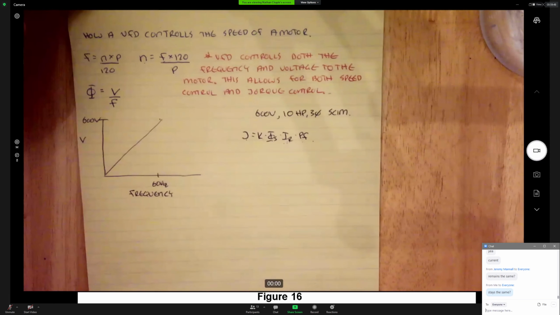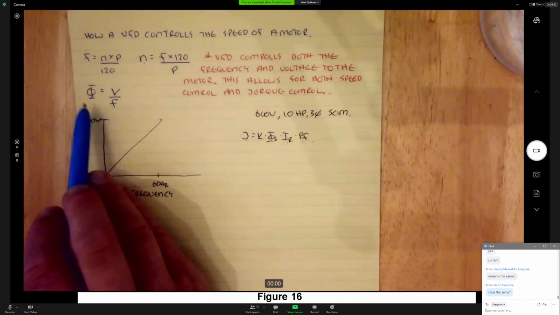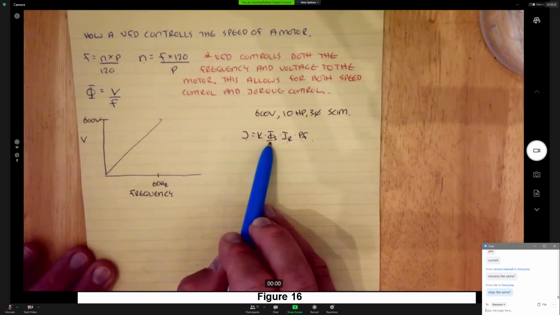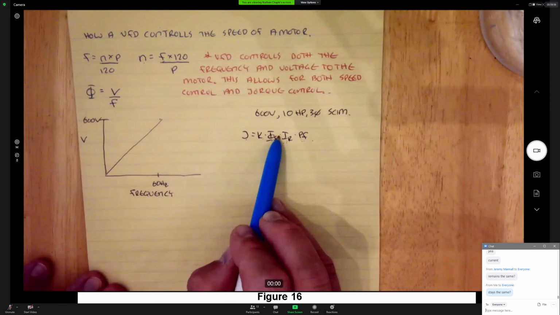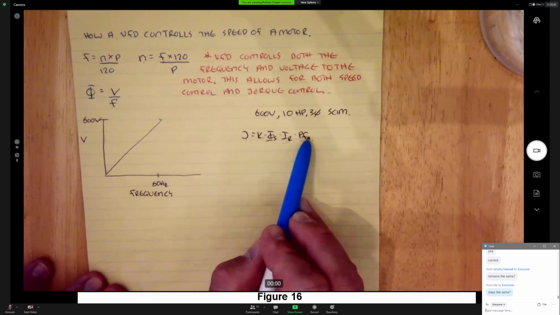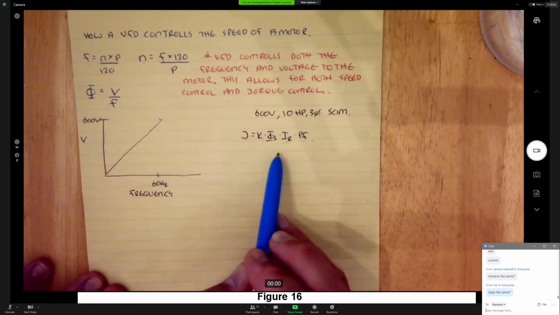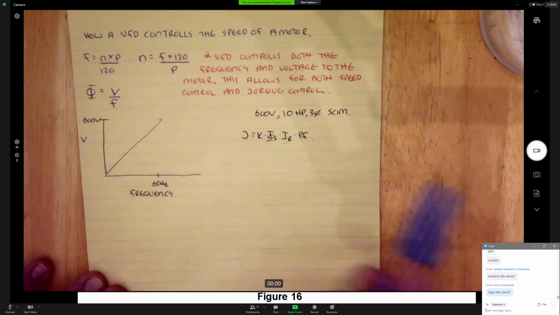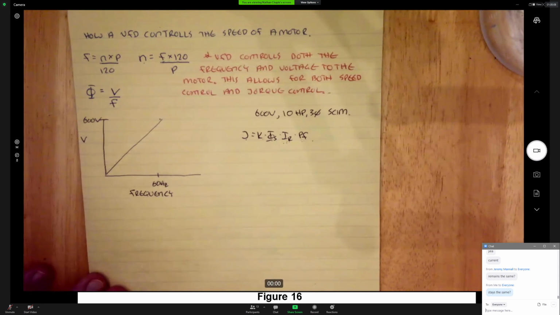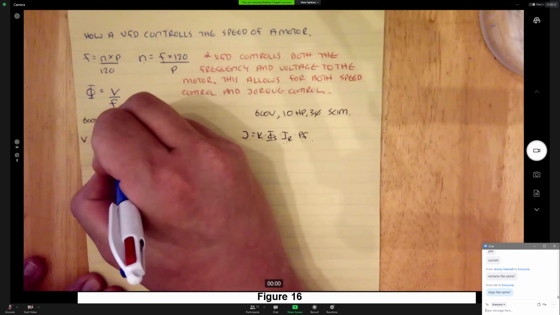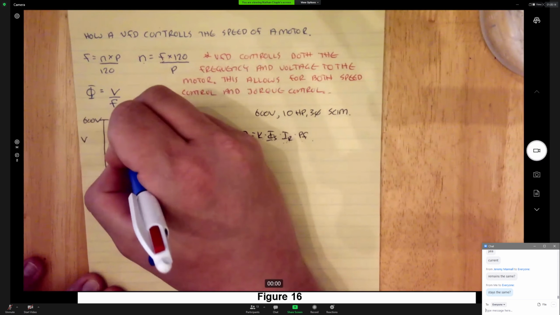So, by controlling the flux, we're actually controlling the torque. So if we keep the flux the same, and this is decreasing and this is increasing, they kind of cancel each other out. If I have constant flux here, we could make the statement that this is constant torque.